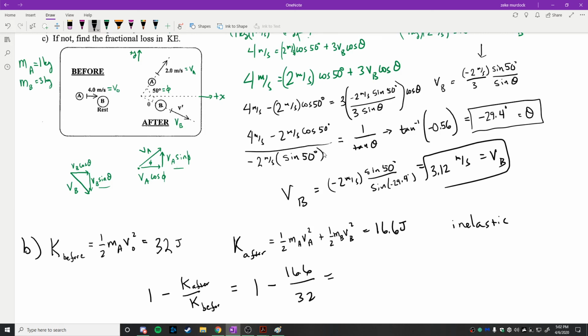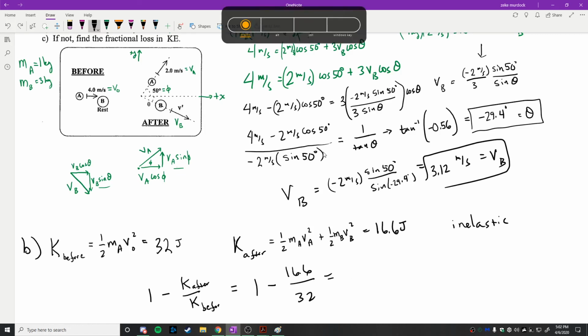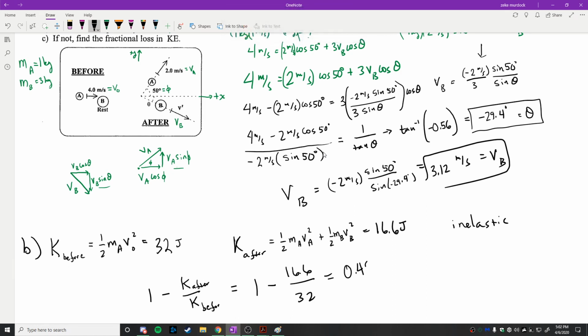And that's going to be 0.48, which would be 48%. That's the fractional loss, the percent loss, however you want to say that.